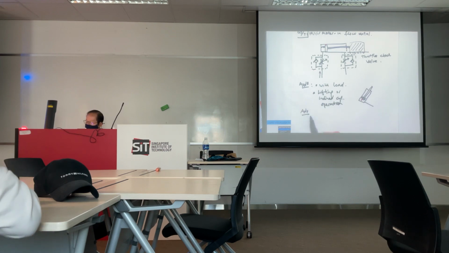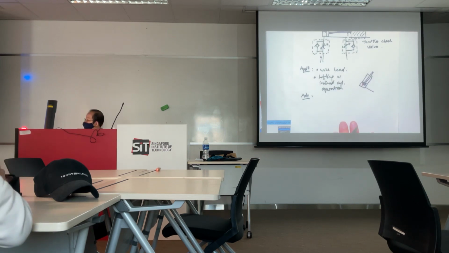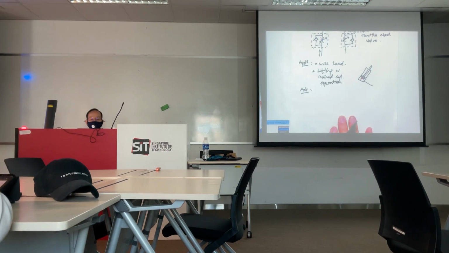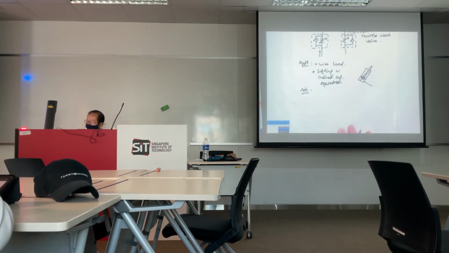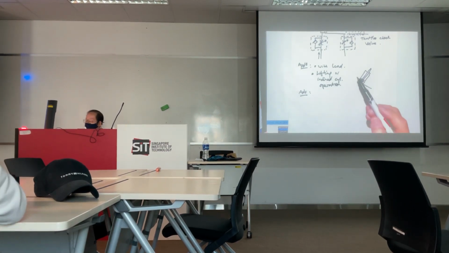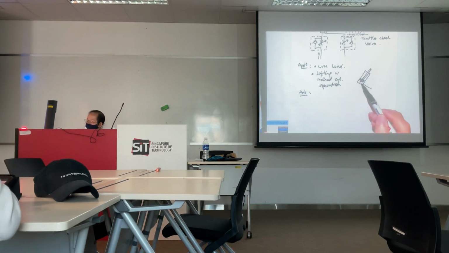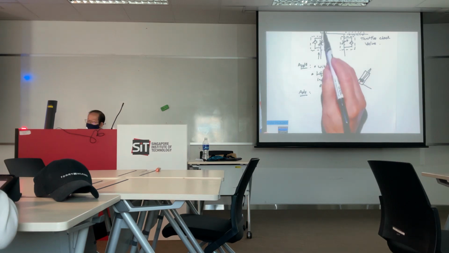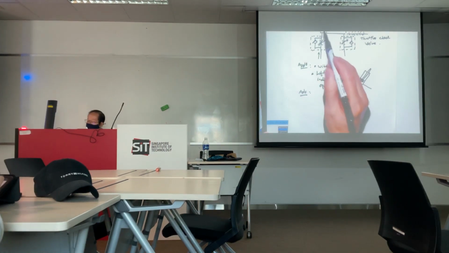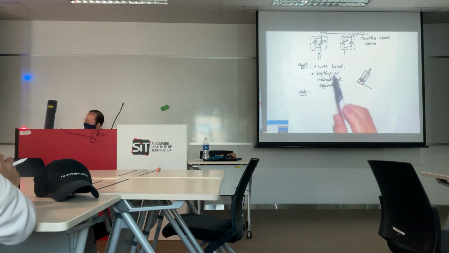Advantages and disadvantages, any? What do you think? Control the flow. This is a very simple way to control the speed. You can calculate the flow rate, then with the piston area you can easily calculate the speed.